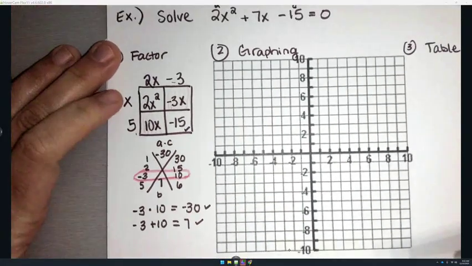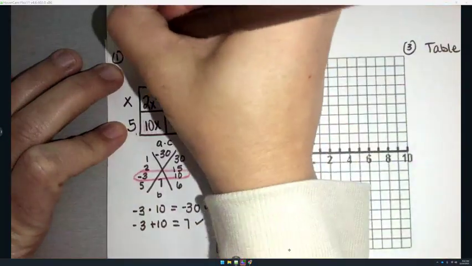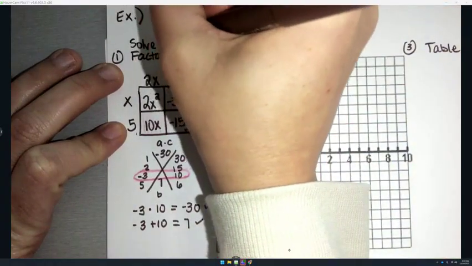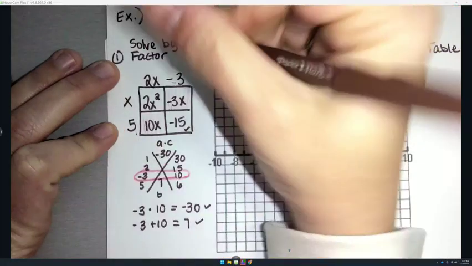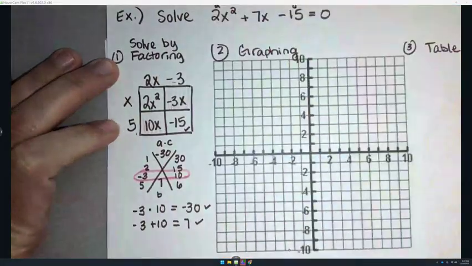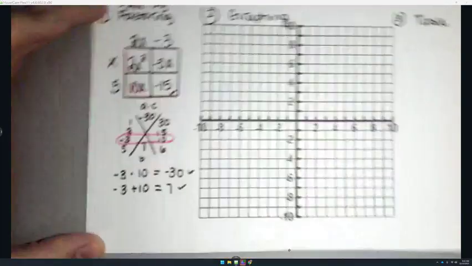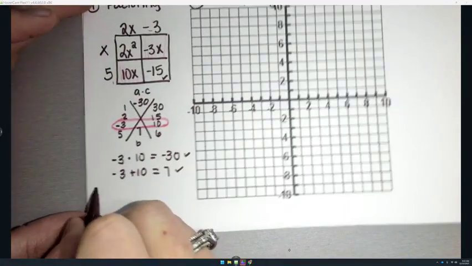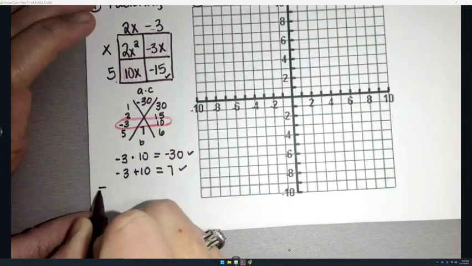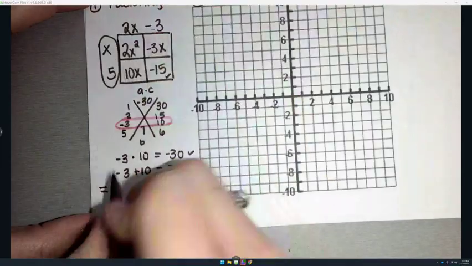All right. So we are solving by factoring. We're not just factoring, we're solving by factoring. So what we just found were our two factors. And we're running out of a little bit of space. So what we can do is put the x plus 5 here.